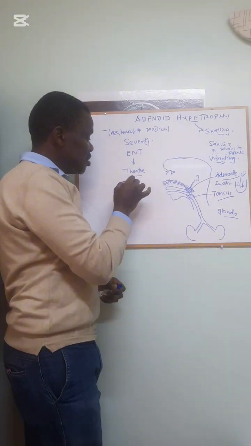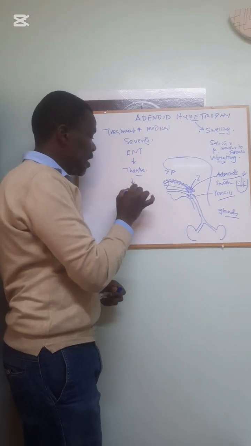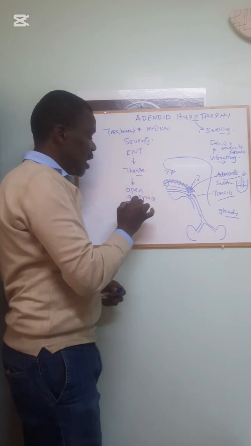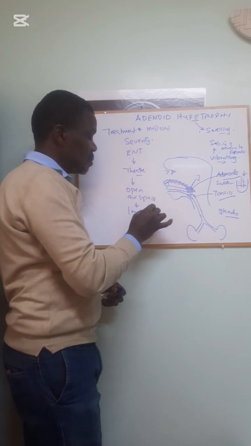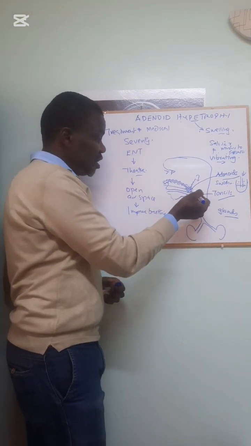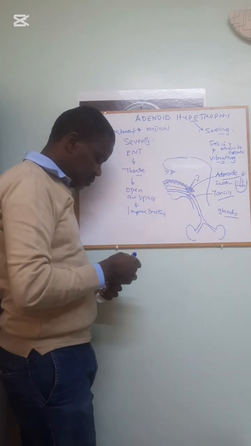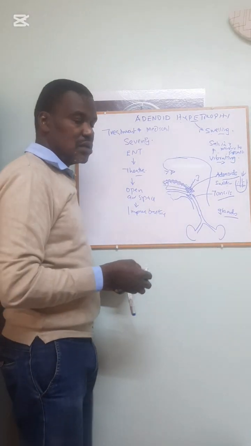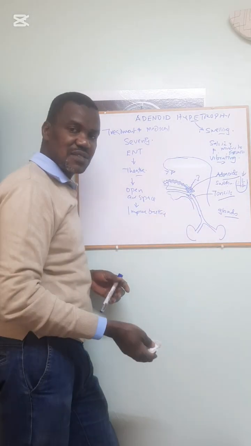The purpose is just to open up the airspace, and thereby improve breathing. The procedure is usually just to cut off some of those adenoids that are swollen and the tonsils as well. So just open up the spaces and all of those symptoms disappear.